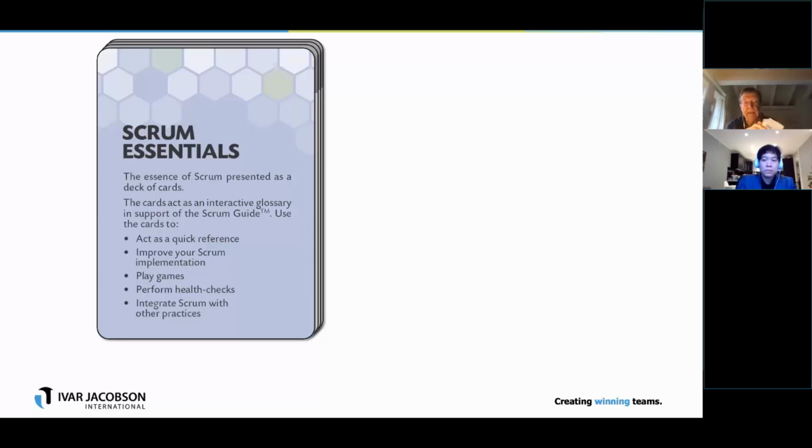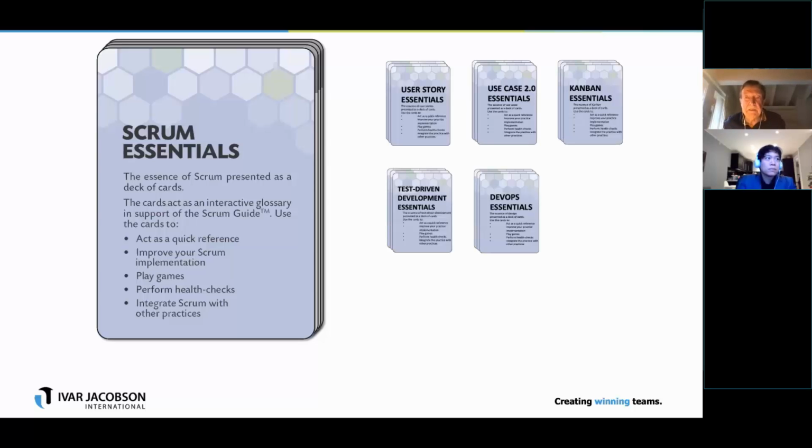It's his content that is here, but we did the job for him to do it. Now we have many other practices. Here, for instance, we have a similar deck of cards for user stories, use cases, Kanban, test-driven development, DevOps, and 30 other practices are published in our practice library.